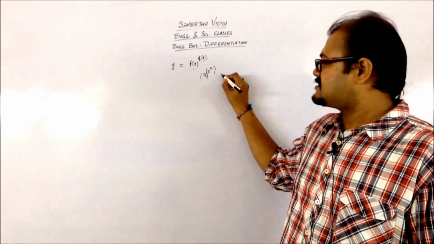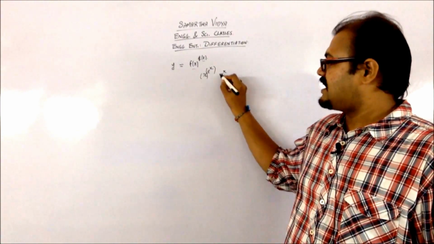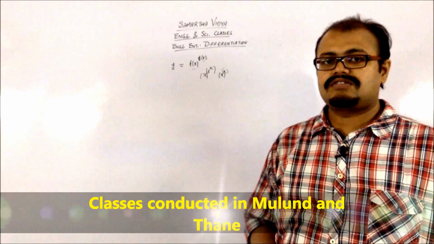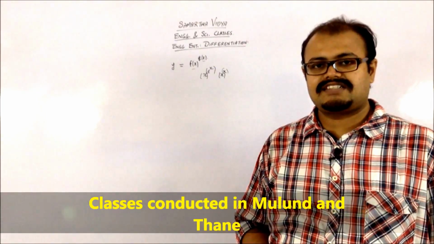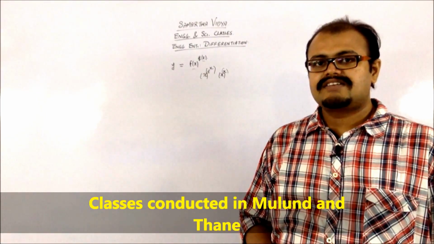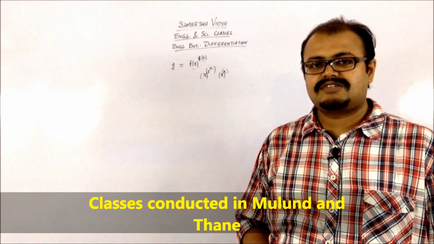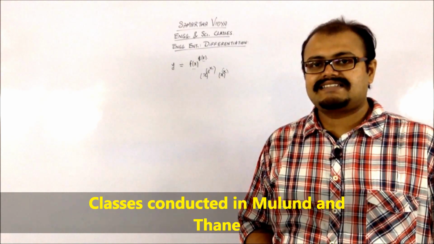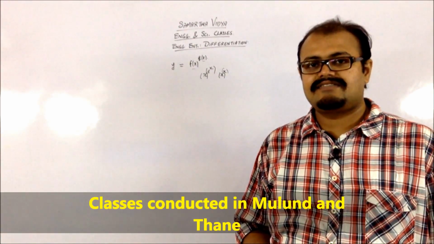Or it can be a simple term like x raised to x. Again, x is a function and the power x is also a function. So it's basically a function raised to a function. Whenever you have such terms, you need to take log on both sides. So let's see the procedure to follow while solving these sums.